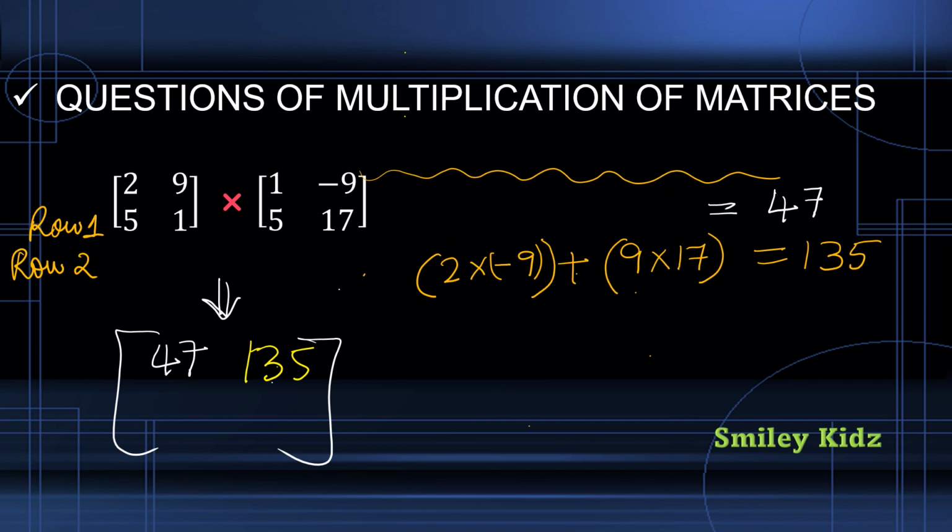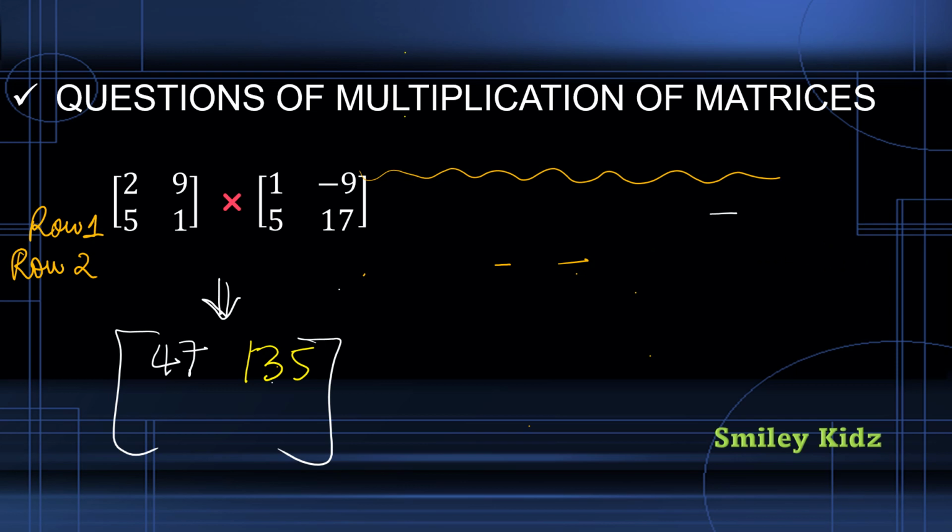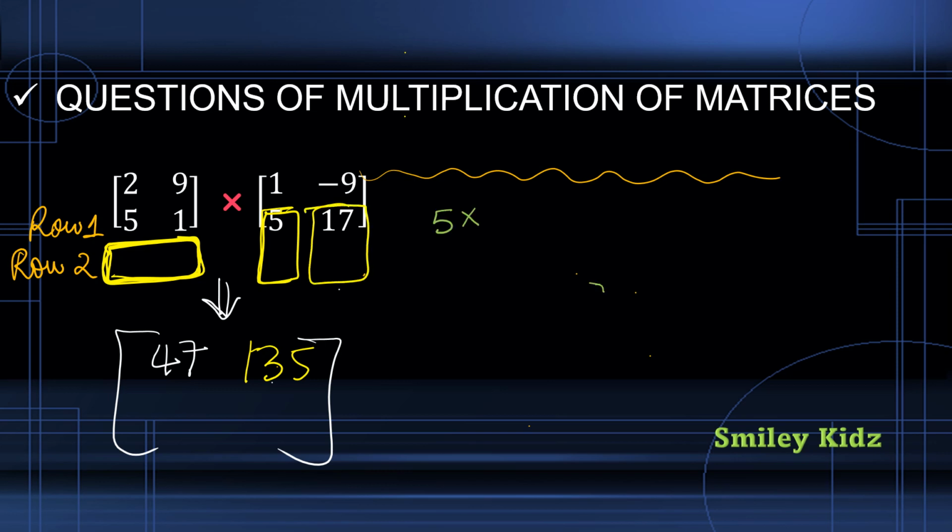Alright. Let's quickly erase this. Then we proceed with row 2. Now you're going to multiply row 2 with both the columns of second matrix. That is going to be equal to 5 into 1 plus 1 into 5. That is going to be equal to 5 plus 5, which is 10.